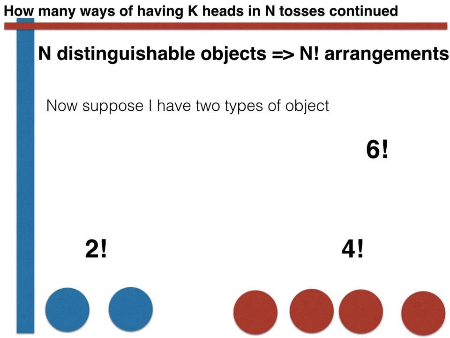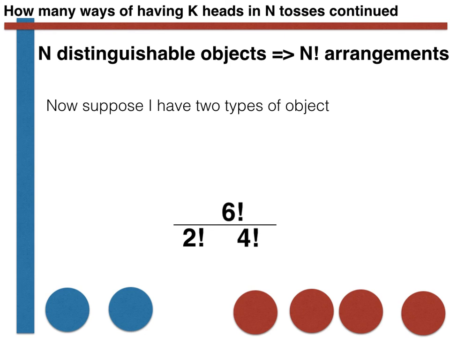The number of distinguishable arrangements of blue and red circles can thus be found by taking the 6 factorial ways there would be of arranging the circles if they were all distinguishable, and dividing this by 2 factorial multiplied by 4 factorial to reflect the fact that each distinct arrangement of circles can be constructed in this number of ways.